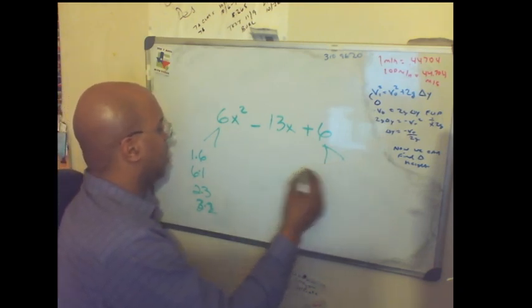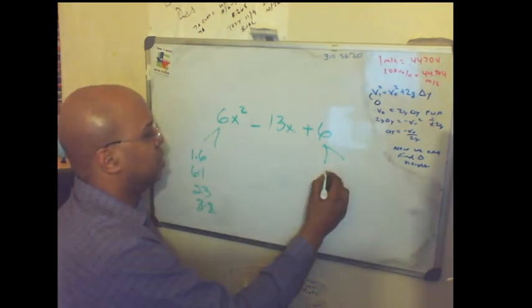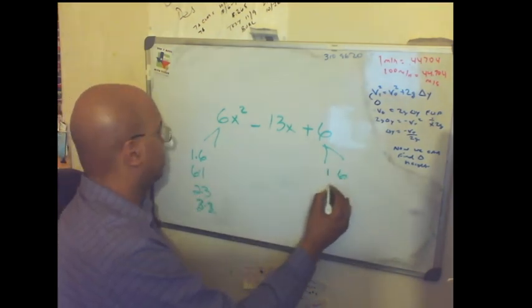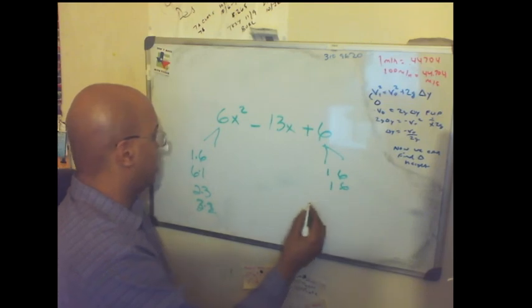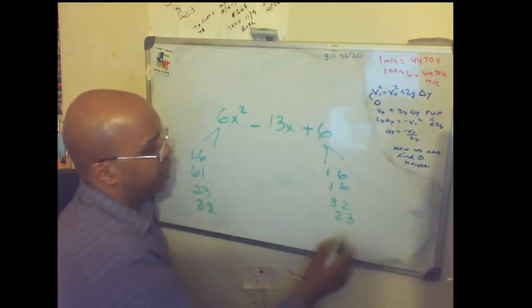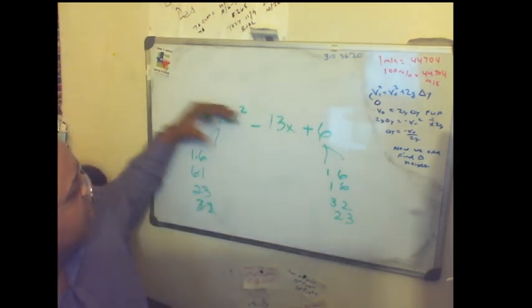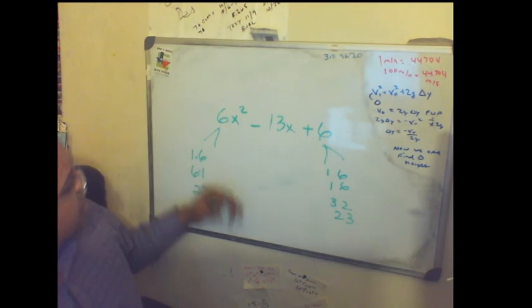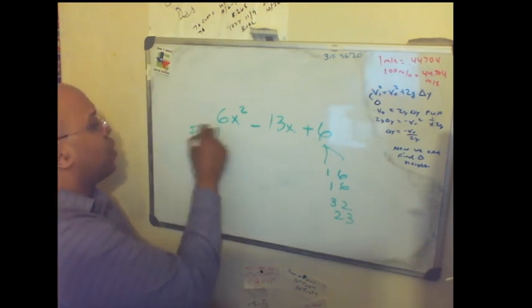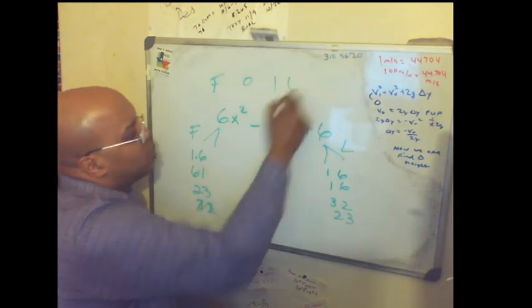Same here, so I'll flip these: 1 and 6, 6 and 1, then 3, 2, 2, 3. These are the first and last terms of the FOIL, because ultimately what we did was we FOILed.